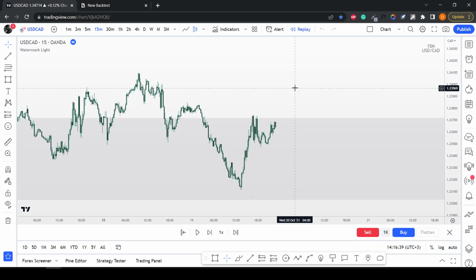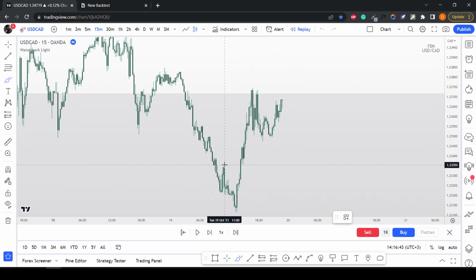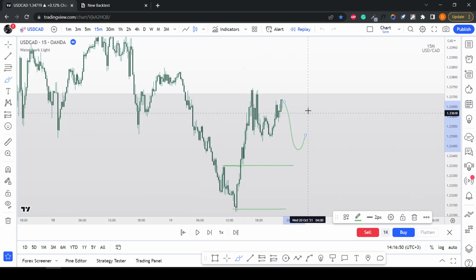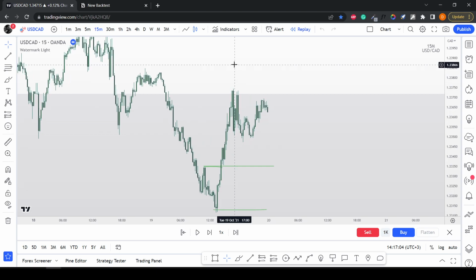And this is a 15 minutes shift that we were looking for. So this is a break, and in perfect situation we would have a tap here or a break to the upside, and then act from the new ranges.